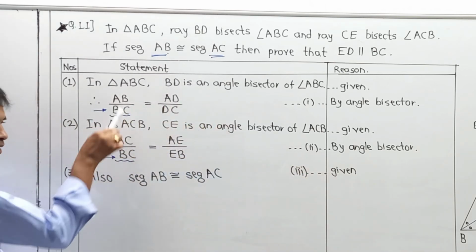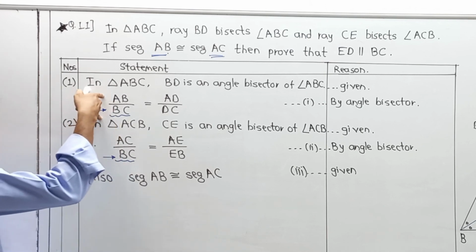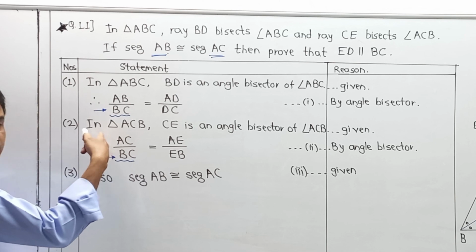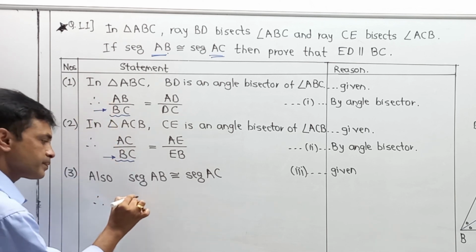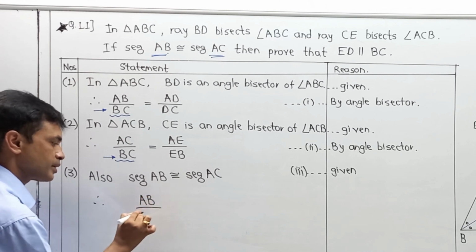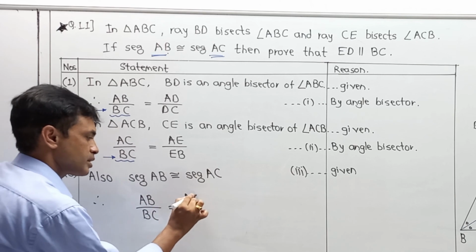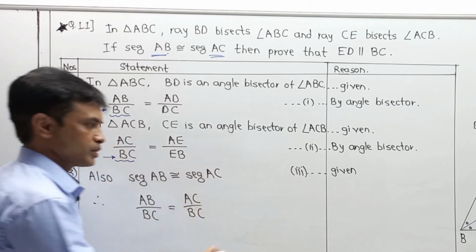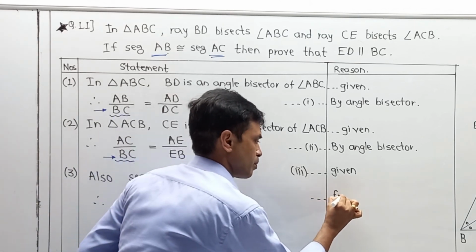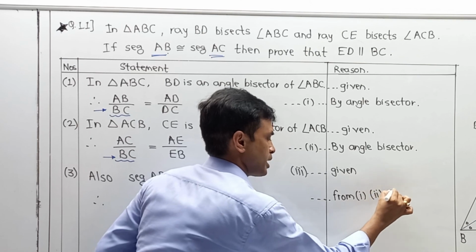From 1, 2 and 3 we get AB upon BC is equal to AC upon BC. So I am writing AB upon BC is equal to AC upon BC, and the reason is from 1, 2 and 3.